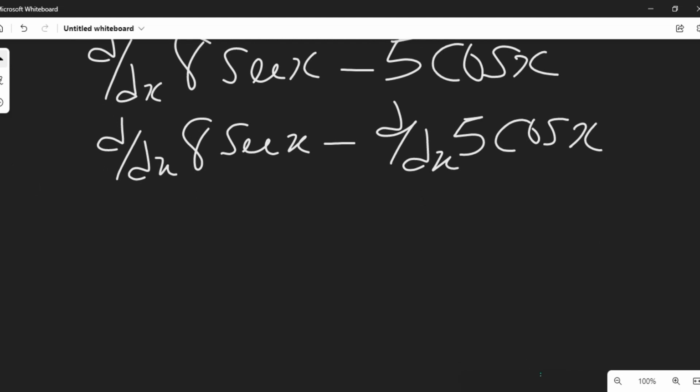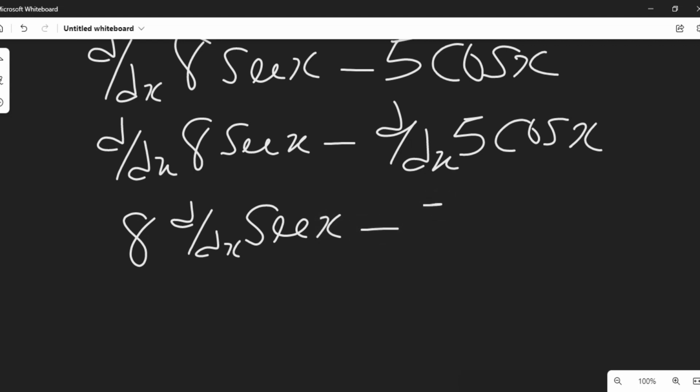So this will give us 8 sec x minus 5 multiplied by the derivative of cos x.